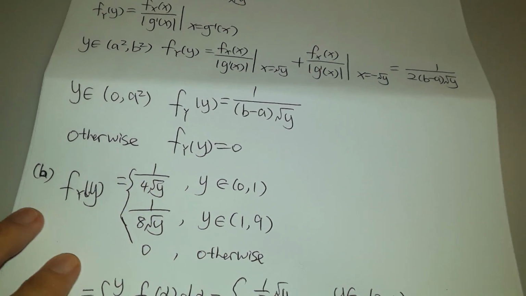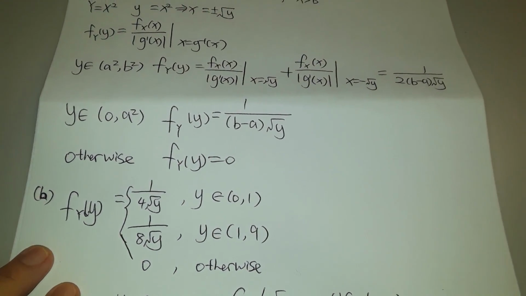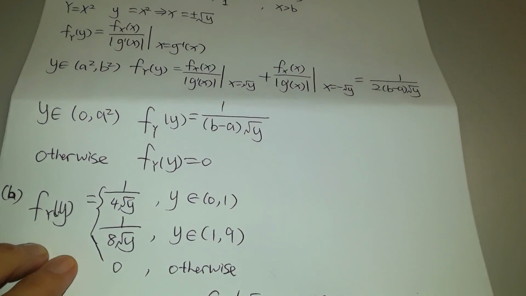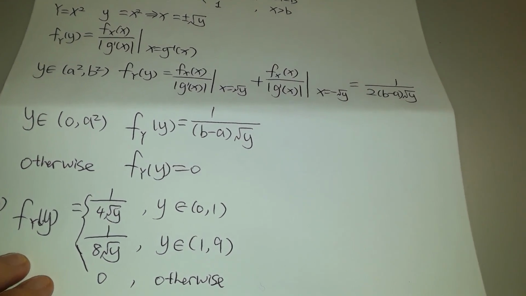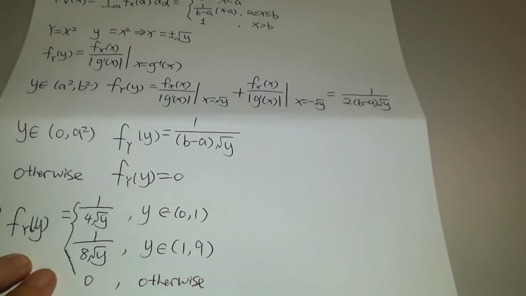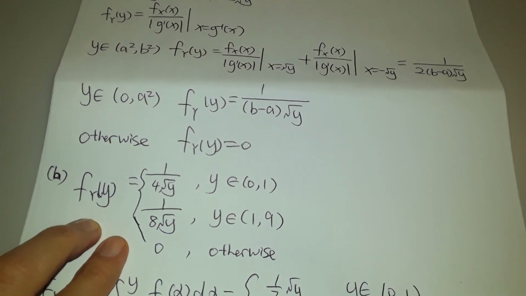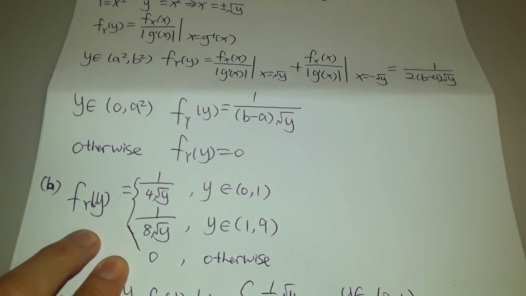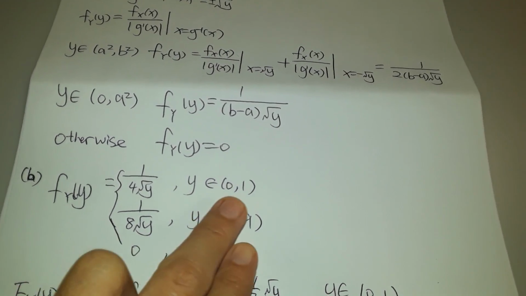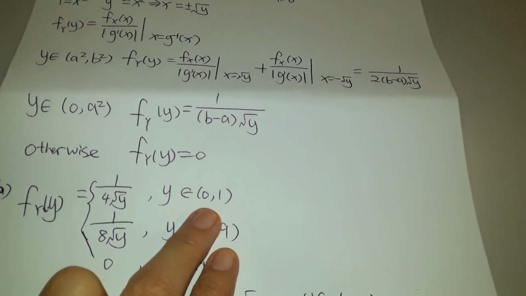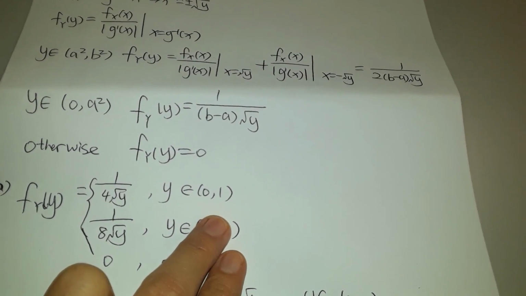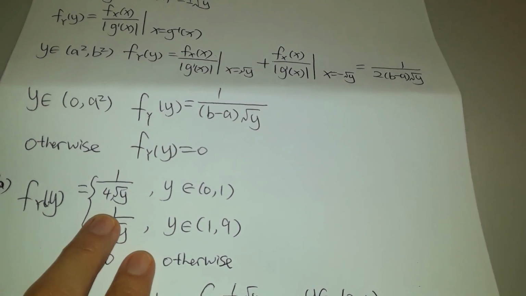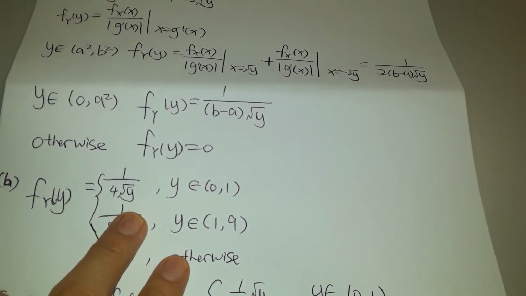For question B, we are given a equals minus 1 and b equals 3. In this case, the density function f_Y(y), when y is ranging from 0 to 1, equals 1 over 4 times square root of y.